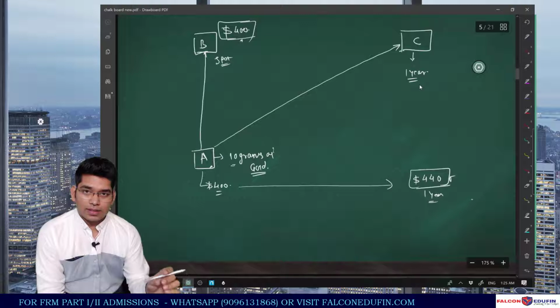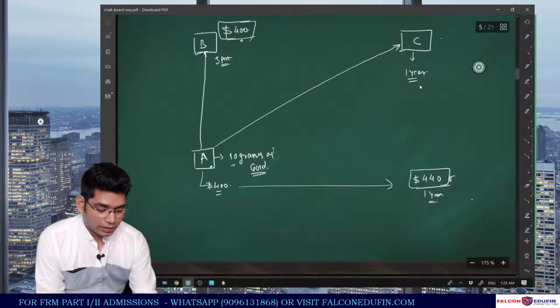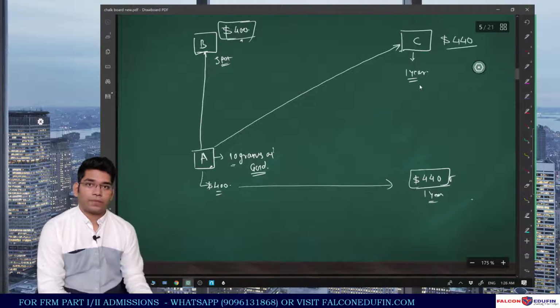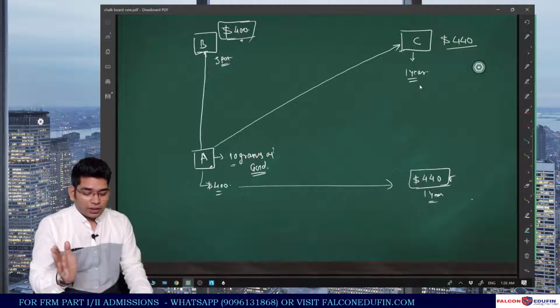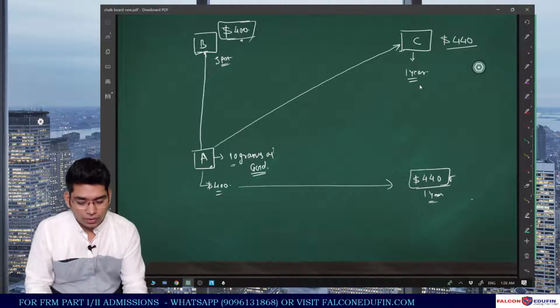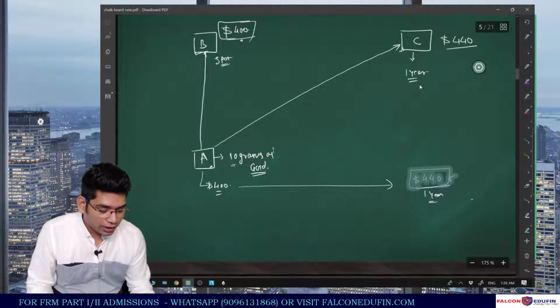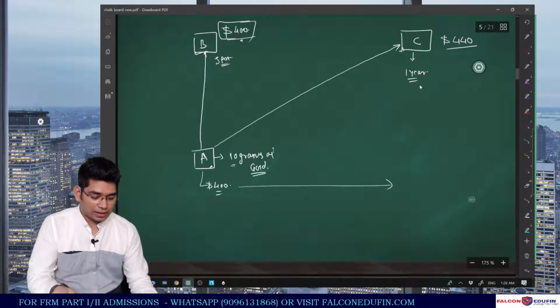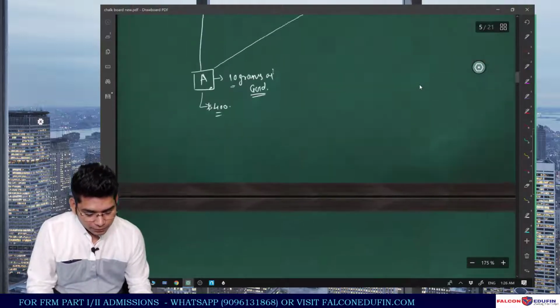Now what if C offers Mr. A a forward rate of $440? Now this becomes a little tricky. You have an equal opportunity in selling to both B and C, and this is how forward pricing is generally applied.